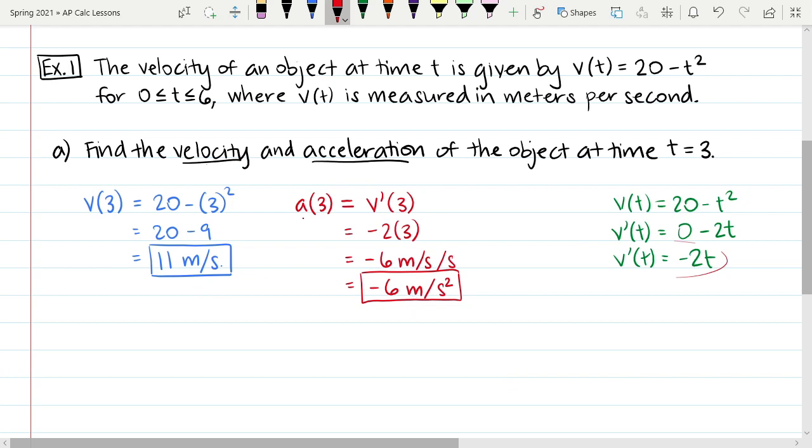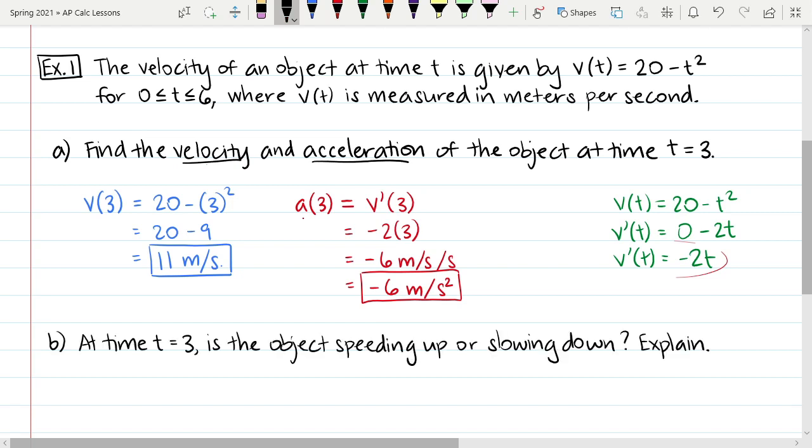Now, a natural follow-up question, and you won't necessarily have questions on this on the assignment, but the AP exam is sure to include these ideas in some of their questions. So now that we know the velocity and the acceleration at time 3, here's a follow-up question. At time t equals 3, is the object speeding up or slowing down?